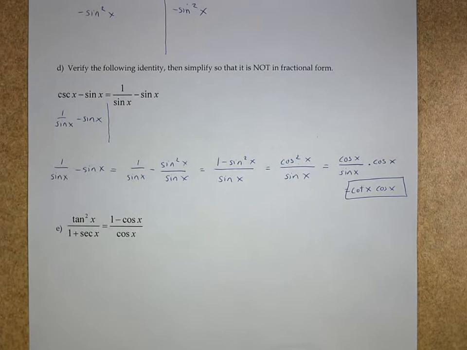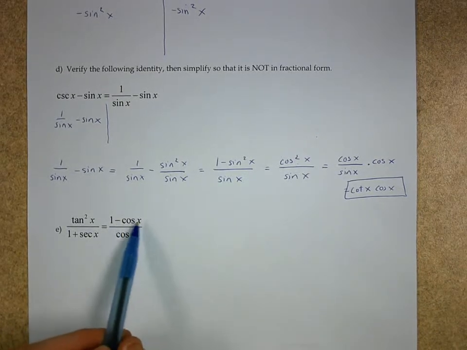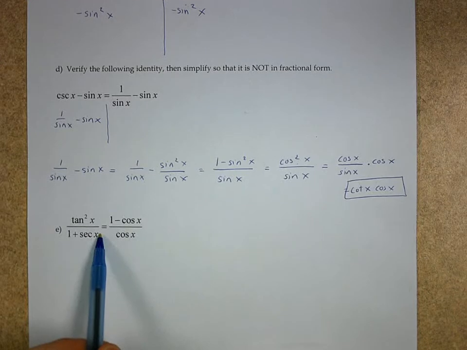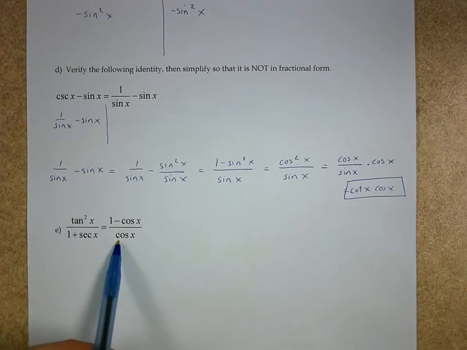The final example that you see here, we want to verify this identity. And this one you look at which side's more complex. And you might look at it and say, I'm not quite sure because I've got fractions on both sides. But if we look at the left-hand side, the fact that we have one plus a quantity and one minus a quantity, those sort of are equal to each other. But this tangent squared of x is a lot more complex than just a cosine of x.